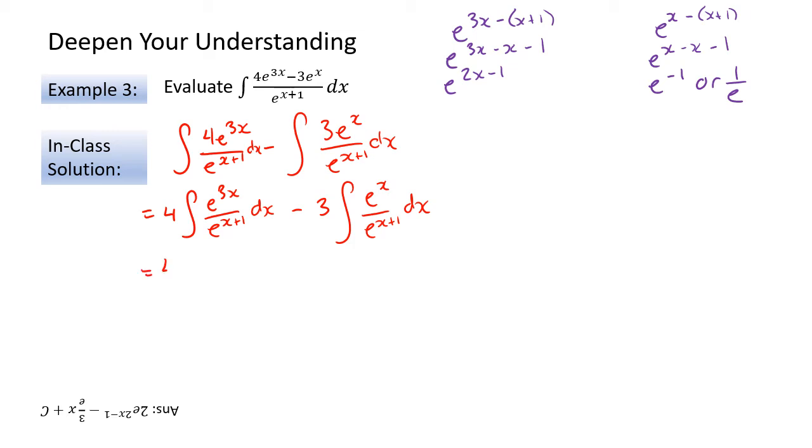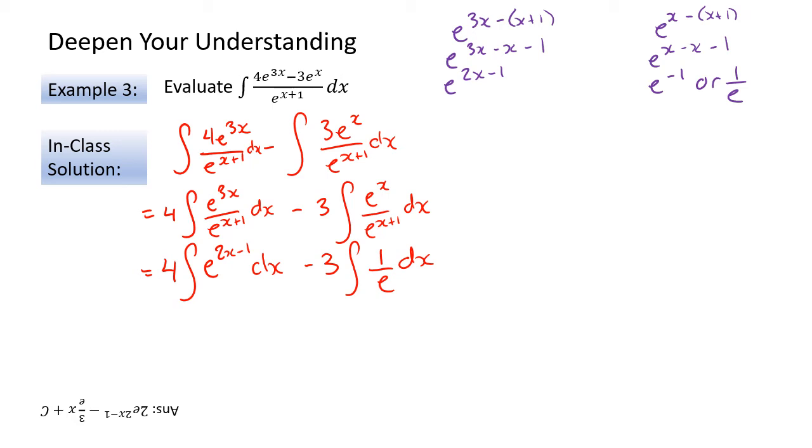That gives us 4 times the integral of e to the 2x minus 1, minus 3 times the integral of 1 over e times dx. Okay, so the second integral here just becomes the integral of dx because it's just a constant. So the only one that we have to look at doing substitution is the first integral.